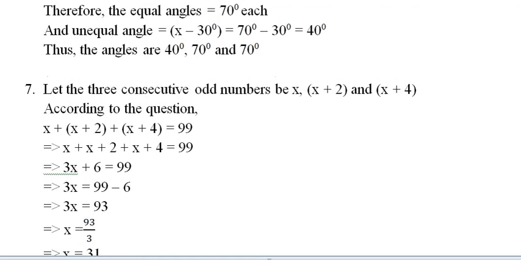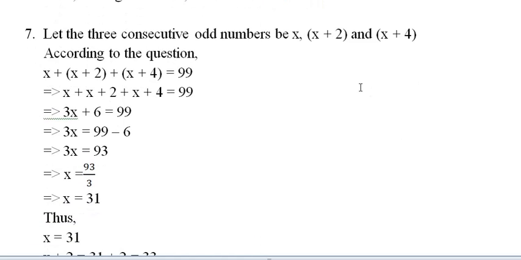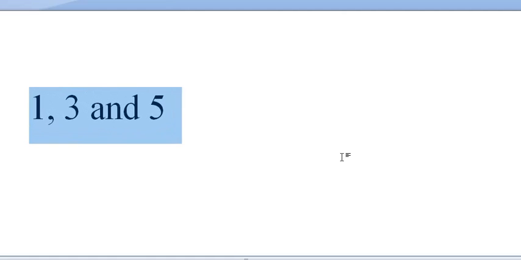So the consecutive odd numbers, we all know it's very simple. The consecutive odd numbers are 1, 3, and 5, the first three consecutive numbers.